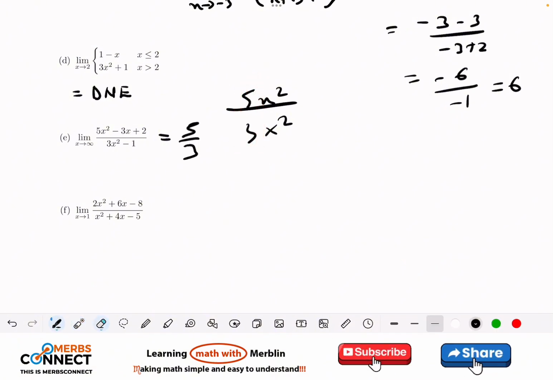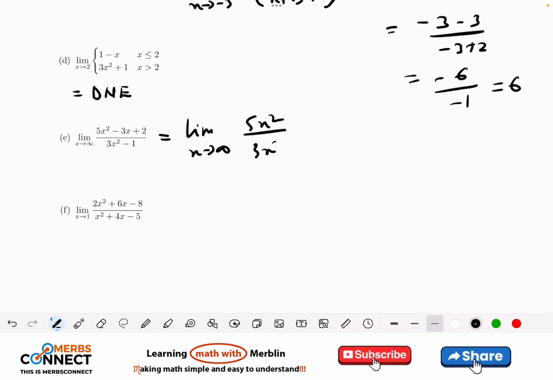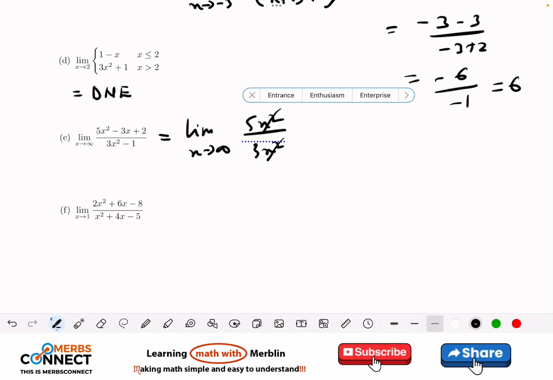Very simple. Another way that we can do this is, as I said, we write the limit as x approaching infinity. The same thing, I pick the highest degree on top, which is 5x squared, divided by the highest degree on the bottom, 3x squared. x squared will cancel x squared.